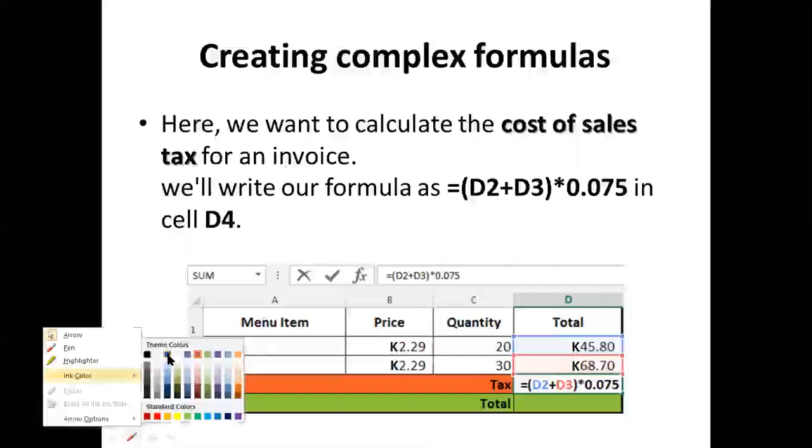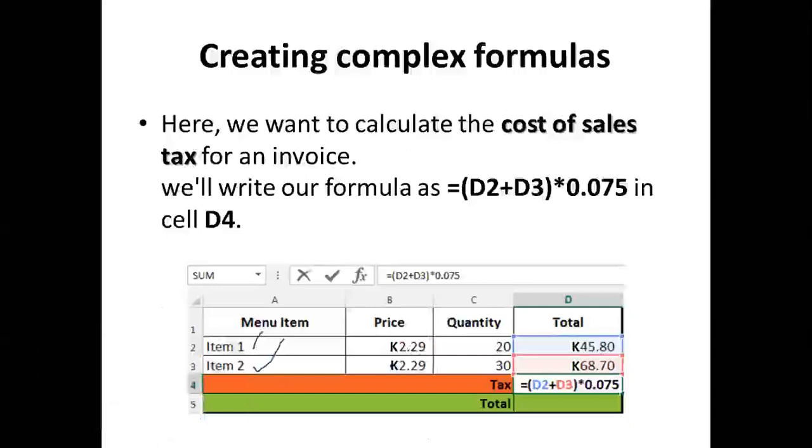We have item 1, item 2, and maybe this item is costing 2.29 ngwee, and maybe the quantity might be 20 there, and then we are also having another quantity which is 30 there, and then we are told to say this is the formula to calculate the tax altogether.